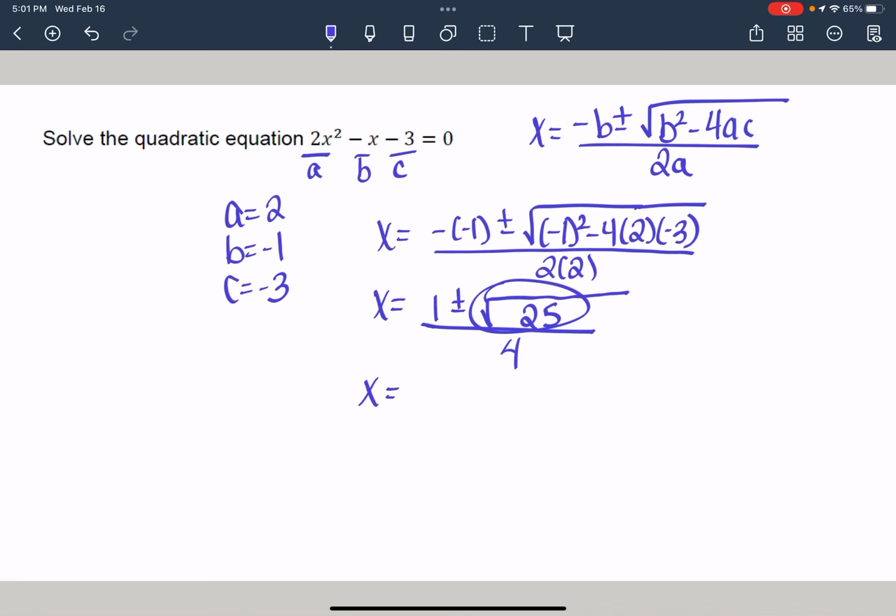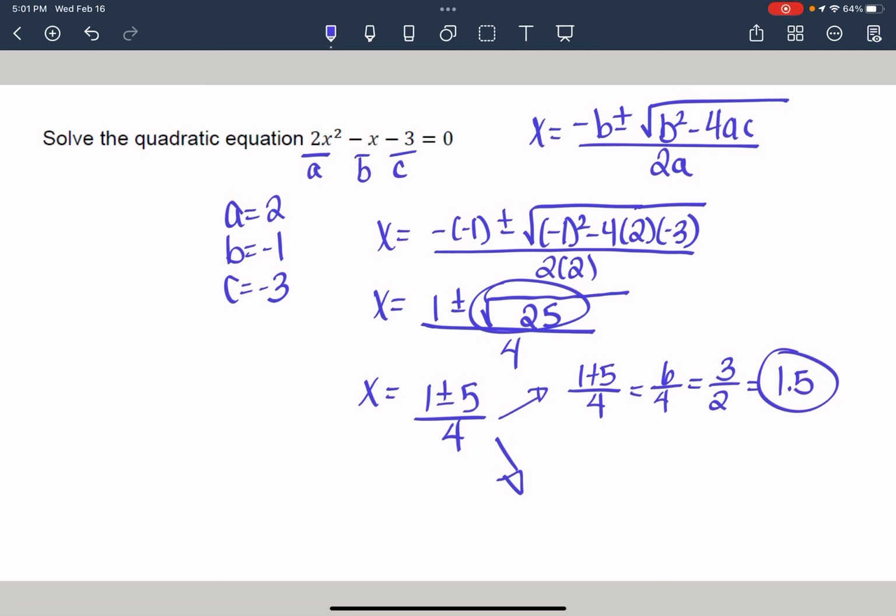So this is x equals 1 plus or minus 5 over 4. So we can break this into two fractions, 1 plus 5 over 4, which equals 6 over 4, which is 3 halves, or 1.5. 1 minus 5 over 4, which is negative 4 over 4, which equals negative 1.